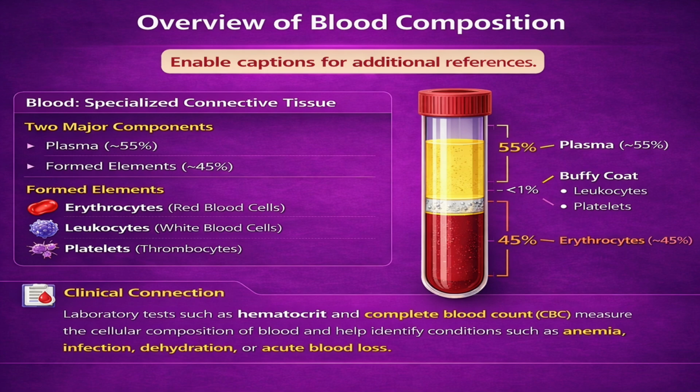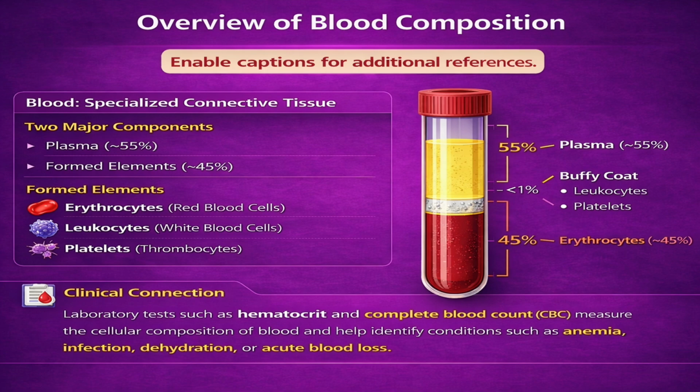The third component includes platelets, also called thrombocytes, which are small cellular fragments that play a central role in hemostasis, the process that prevents excessive bleeding following vascular injury.